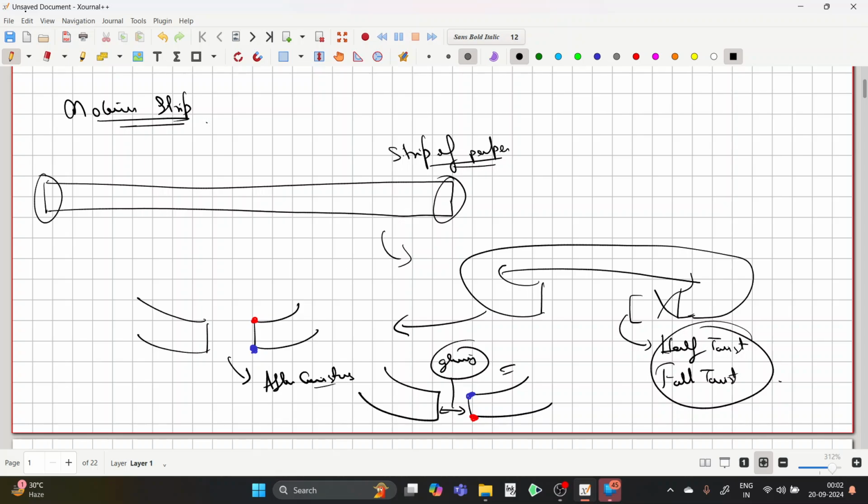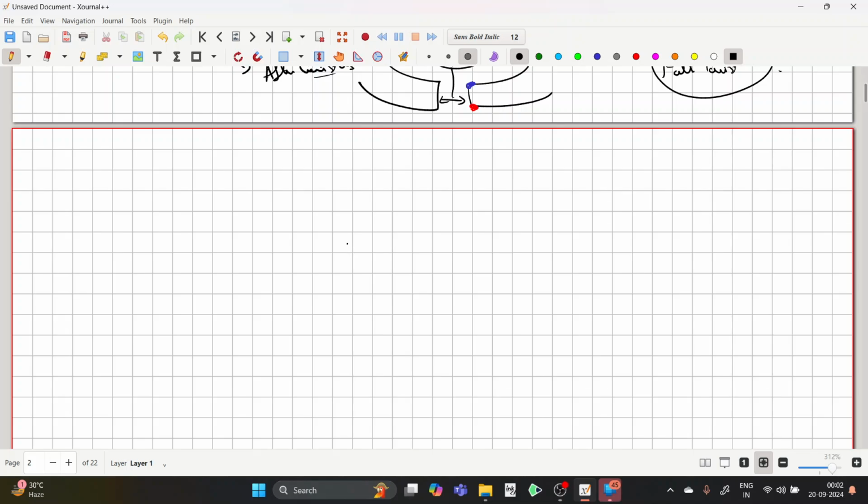And eventually what you will get is a simple strip, but you have a twisted portion to this, right? You have a twist here. So how should I draw this up?